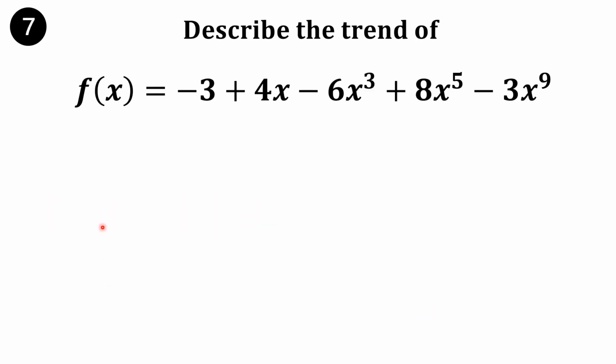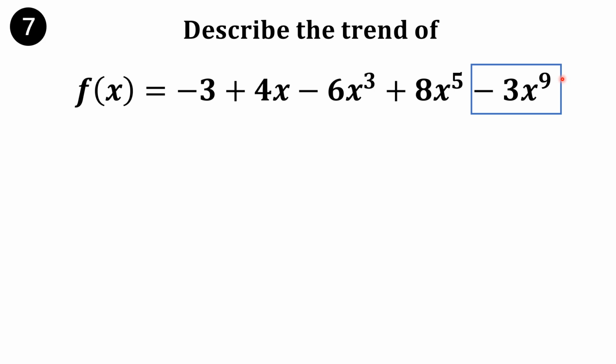Next example, describe the trend of f of x equals negative 3 plus 4x minus 6x cubed plus 8x raised to 5 minus 3x raised to 9. Determine the leading term first. In this example, it's negative 3x raised to 9.